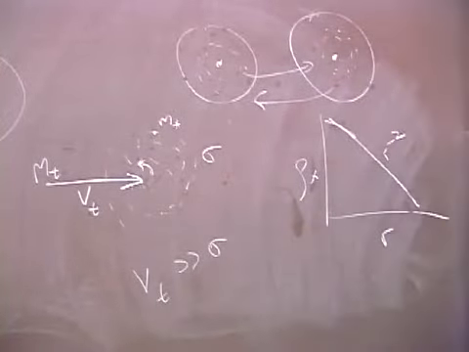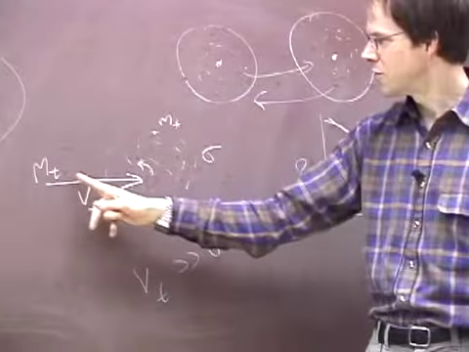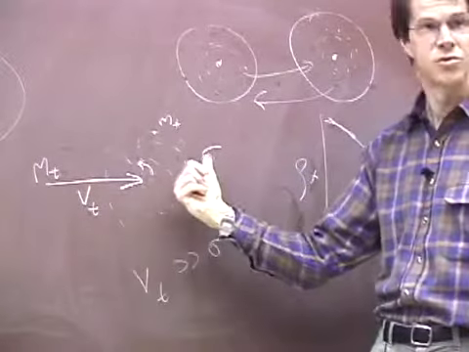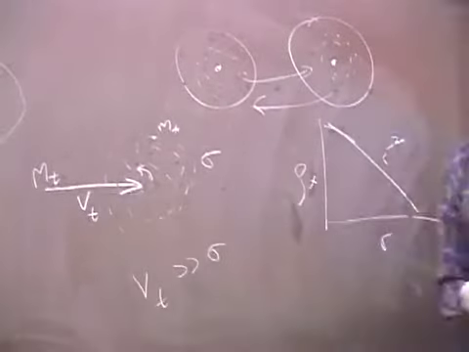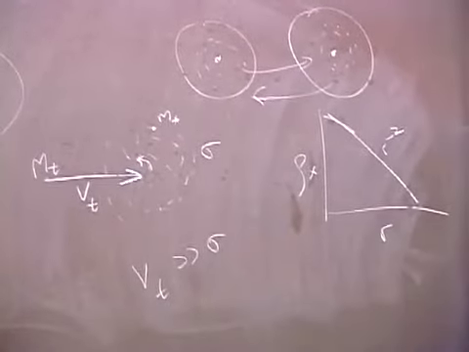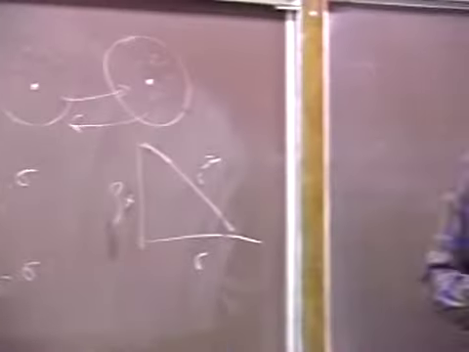And so that means that in the rest frame of this heavy mass, the velocity is just reversed, but in the laboratory frame, it's gained energy, a net change in velocity of order v_t.